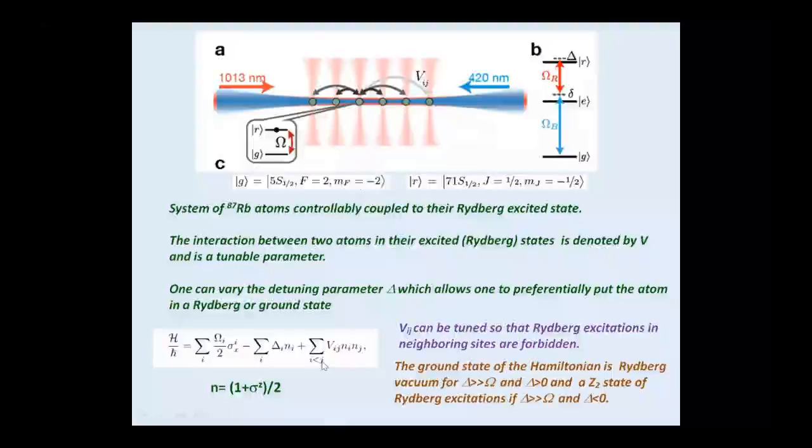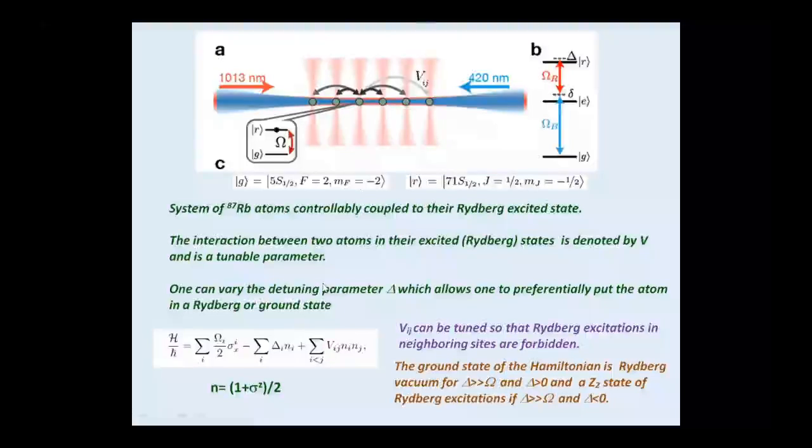Then once you excite an atom in the upper state, it can spontaneously flip back to the lower state, or an atom can be spontaneously excited to the upper state. So you have a term like this, which tells you that there is a probability of excitation of these atoms from the ground to the excited state.